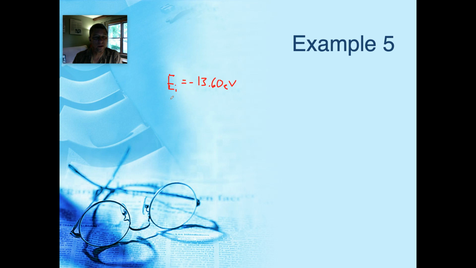And the second energy level, n equals 2, had an energy value of negative 3.40 electron volts. Okay, so the energy of the photon is going to equal E_I minus E_F.